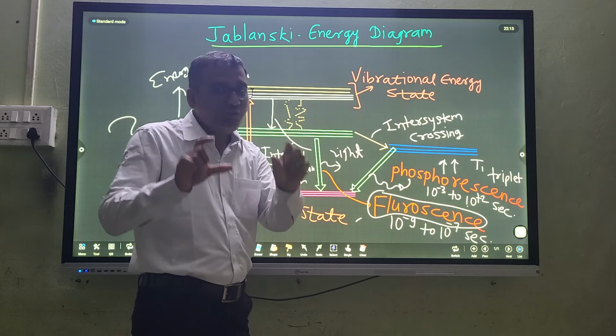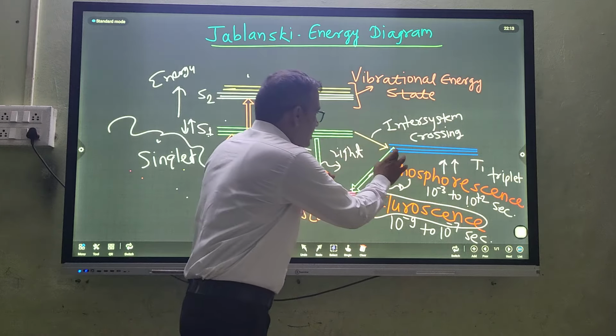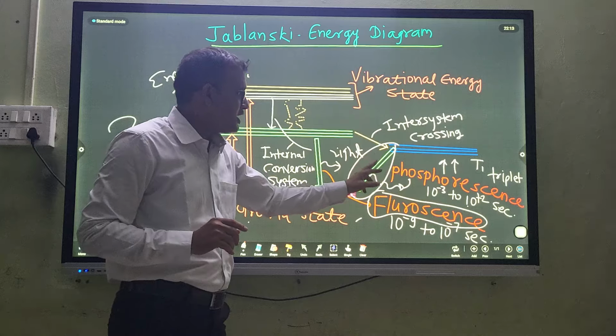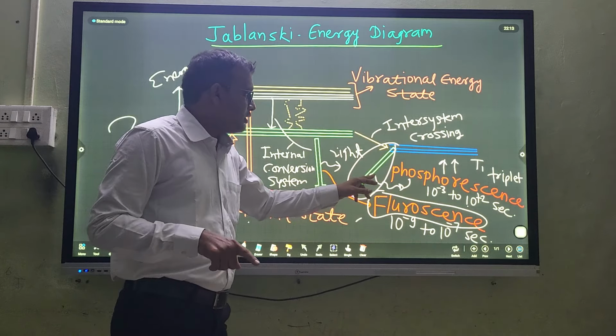And we know that in photochemical reactions, this part is very important.